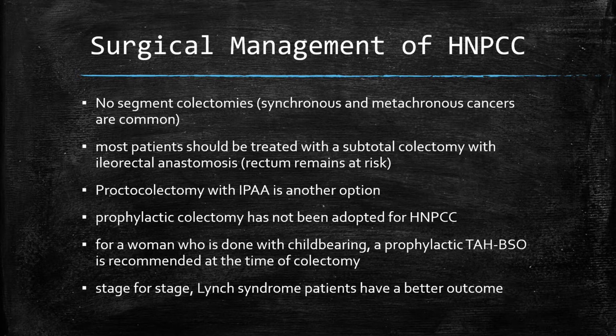Prophylactic colectomy has never been recommended for this patient population. And for our patient, who's 40 years old, if she's done with her childbearing, it's certainly reasonable to discuss a TAH-BSO with her. And in my opinion, it's likely the right thing to do for her.